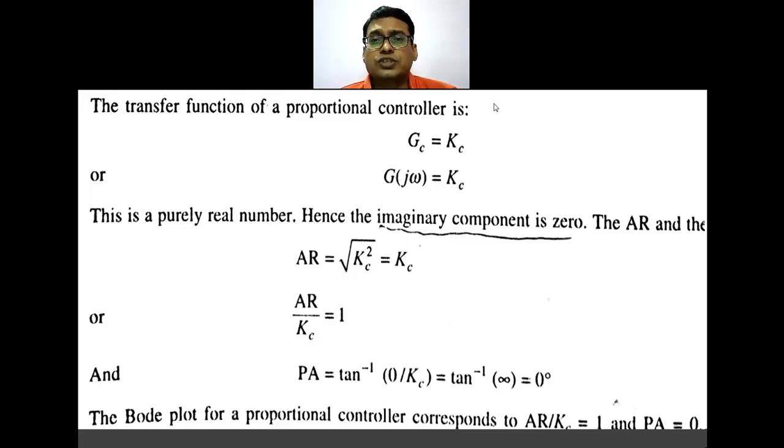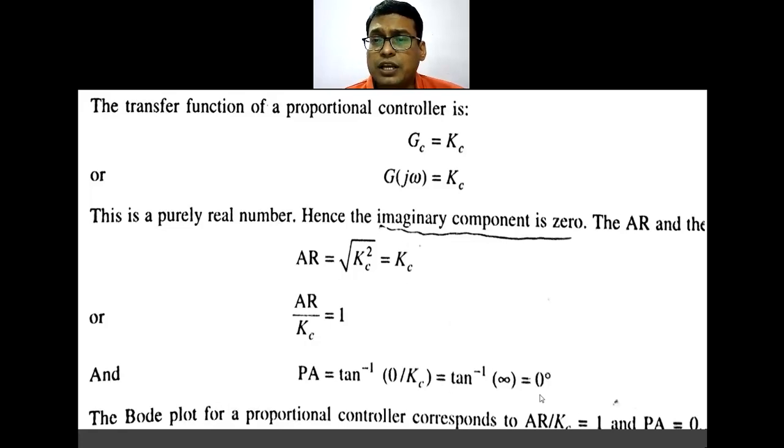So in case of a proportional controller, where the transfer function is Kc, we convert it into a complex number and rationalize it. The amplitude ratio comes as Kc, and the phase angle is tan inverse of 0 upon Kc, that is 0.